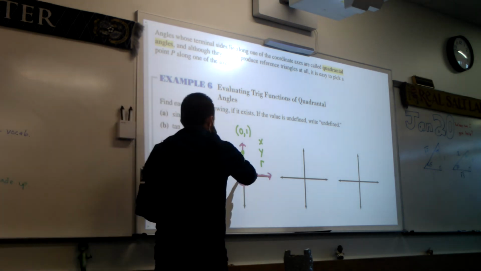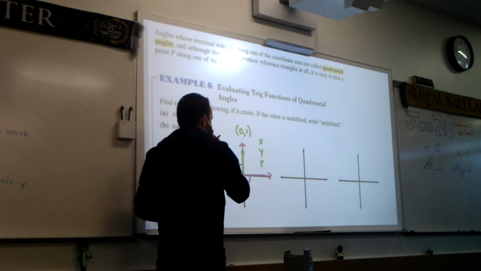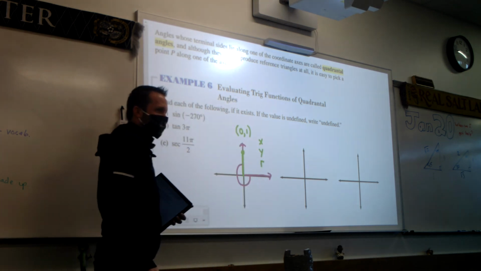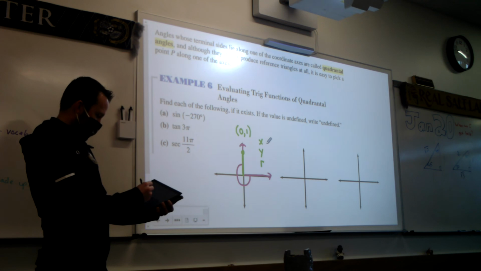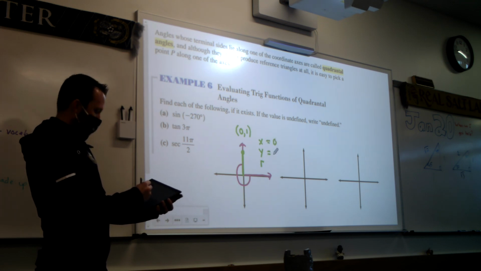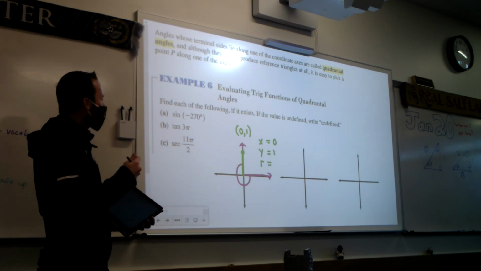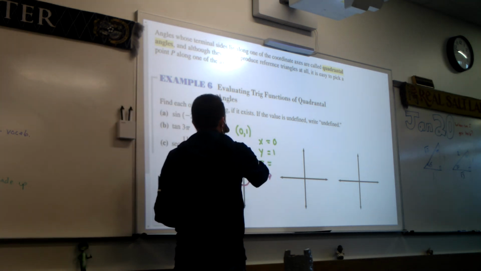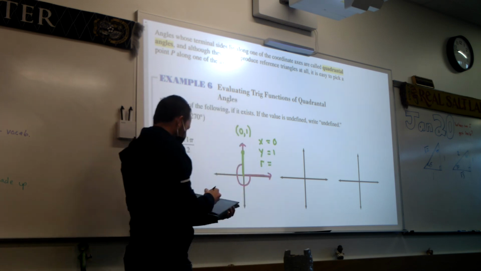If we're just looking at this point right here, does it go left or right at all? Is there any x value here? No, there's no x value here. What is the y value going to be? 1. And if this were a triangle with a hypotenuse, what would it be? Well, it's going to be the same as the y value, right? The r is also going to be 1.